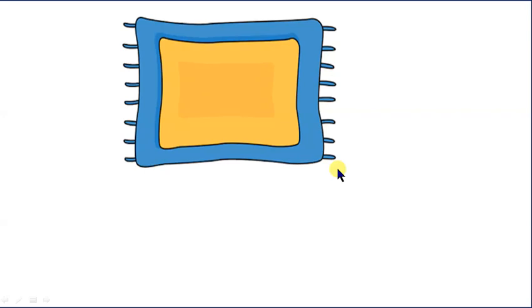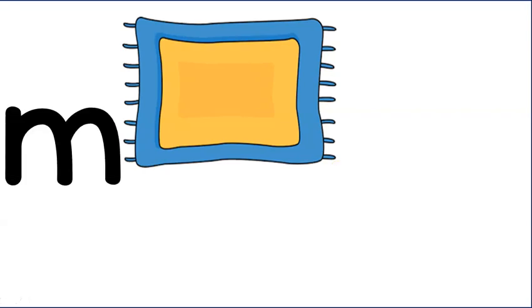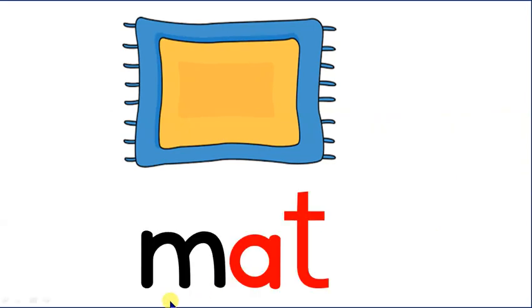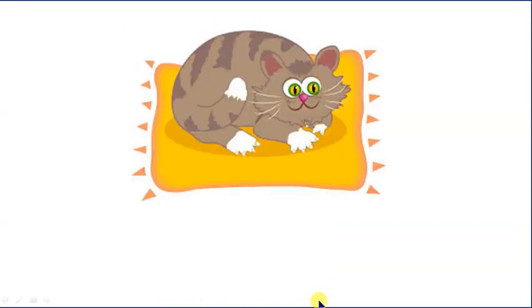Look at this. What is this? This is a mat. At, mat. Read. Mat, mat, mat. Read after me. Mat. A cat is on the mat.